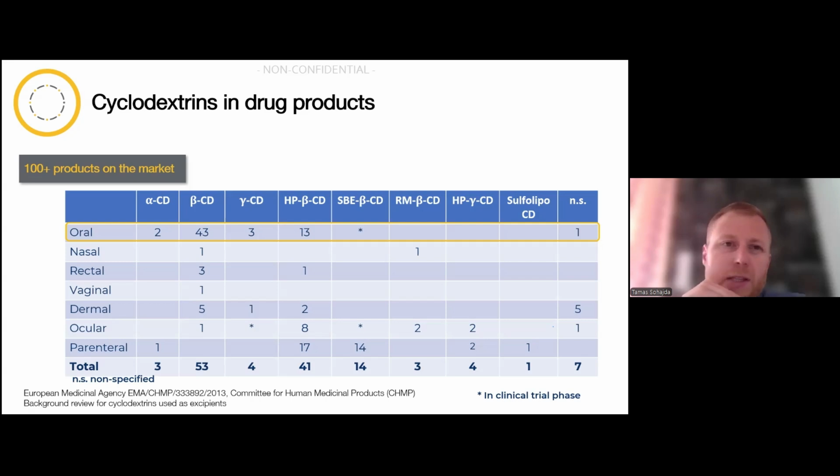This has historical reasons: the majority of these products were developed years or in some cases decades ago. Nowadays, development focuses much more on the two derivatives, hydroxypropyl beta and sulfobutyl beta cyclodextrin. The slide is not entirely correct because with the sulfobutyl, there is already one oral product on the market, and the second one is about to come soon. So this is the main administration route, the main application of cyclodextrins in the pharmaceutical industry.